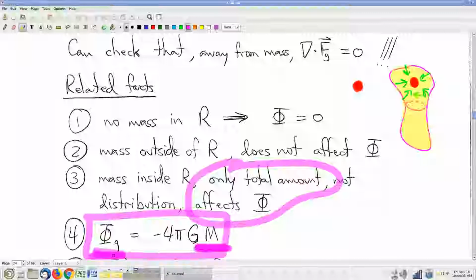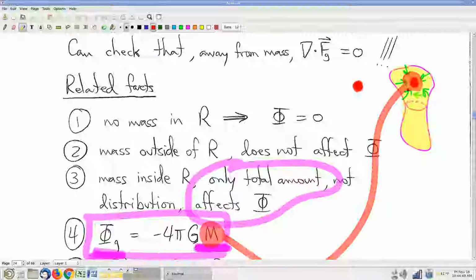And the explicit formula is flux is negative 4 pi g times the mass. That's it. This mass being the mass on the inside, not the mass on the outside. Cool fact. Everybody happy with that?